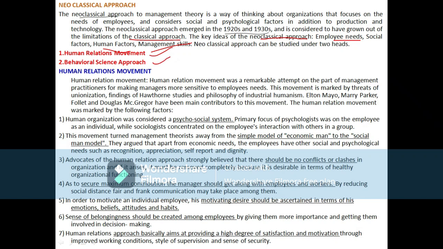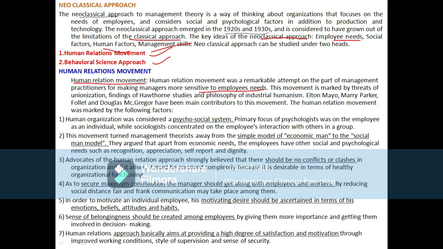The human relations movement basically focuses on human elements: the workers' feelings, their emotions, their needs, their requirements, their skills, etc. All of these will be studied under this movement. The human relations movement was a remarkable attempt on the part of management practitioners to make managers more sensitive to employee needs.